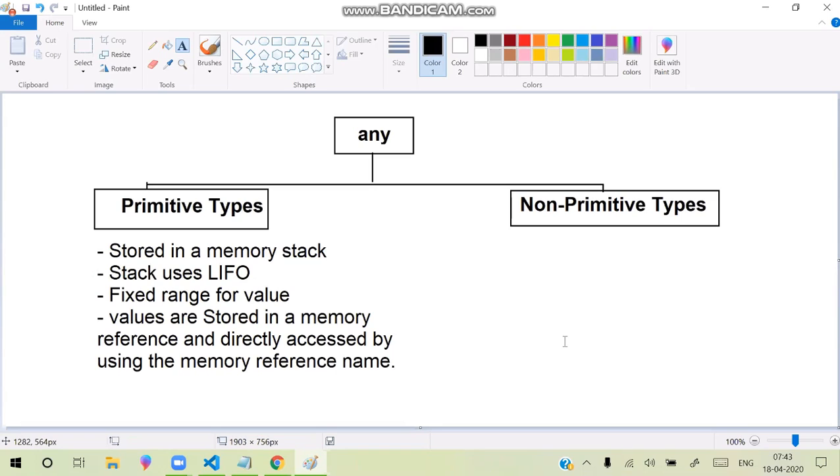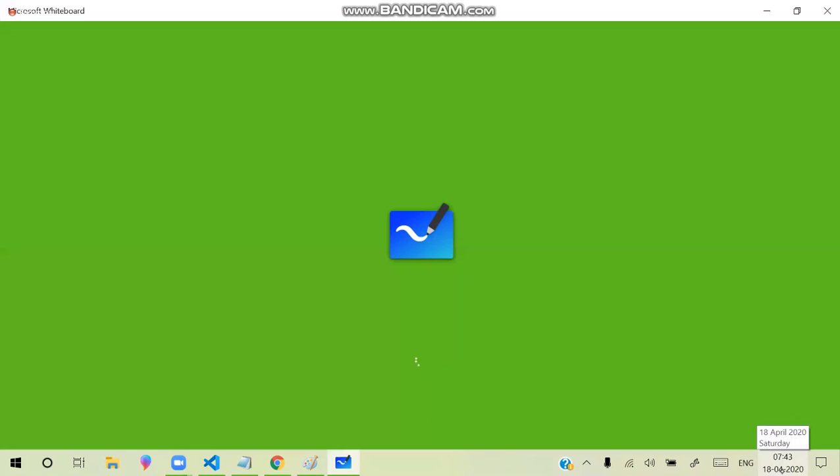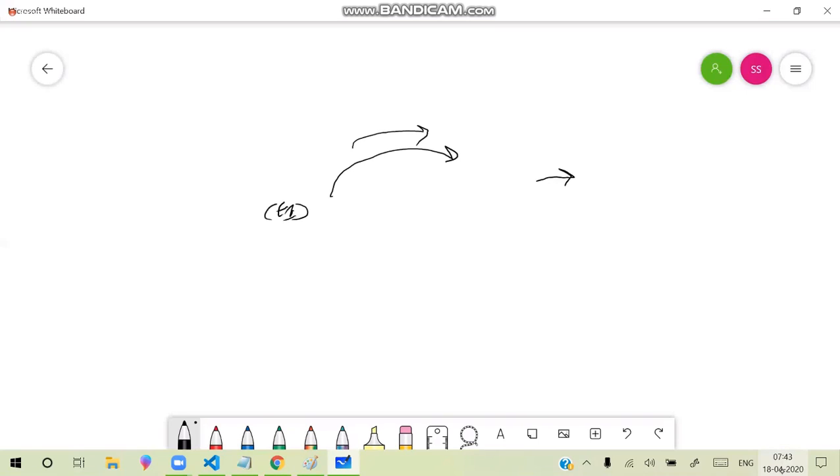Let's see one simple basic overview of how they actually work: how memory is allocated for primitive and non-primitive types.